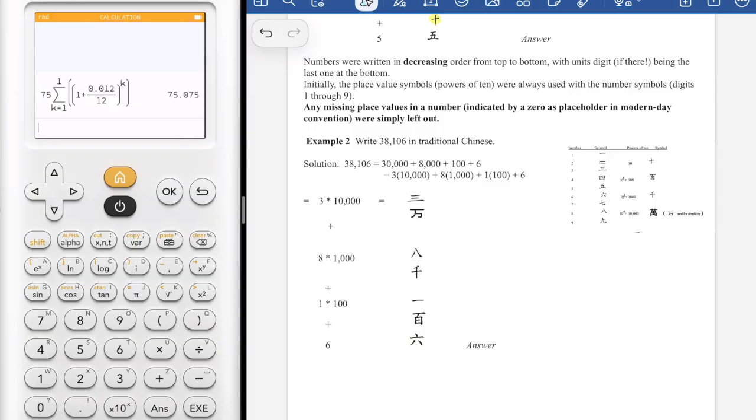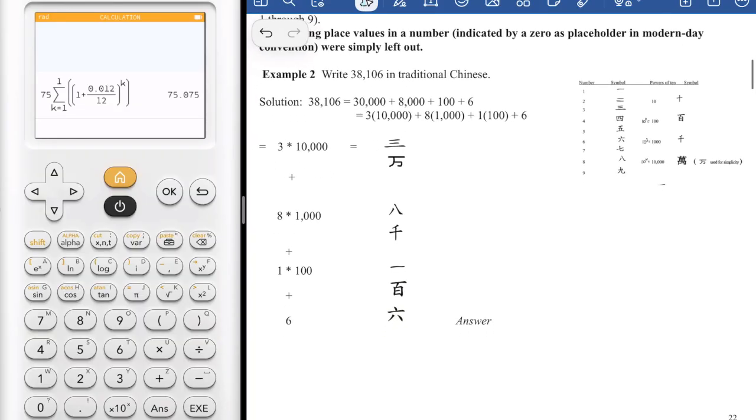But 38,106 could be thought of as the sum of, just thinking about it the way we've been doing everything else, 30,000 plus 8,000 plus 100 plus 0 tens, if you think about it that way.